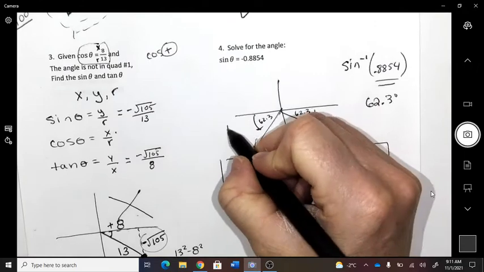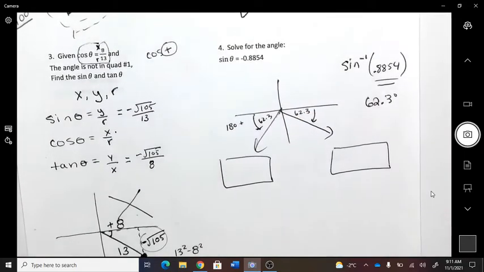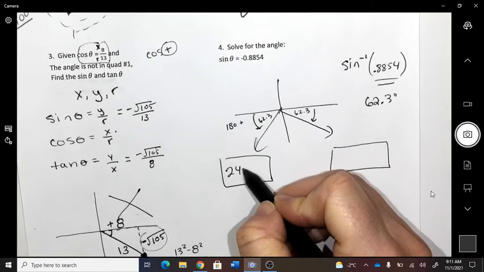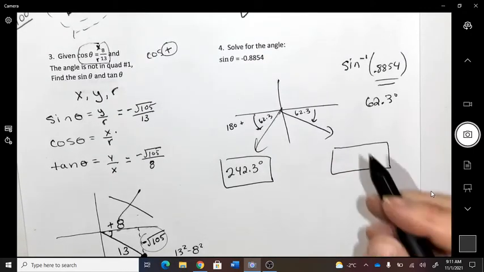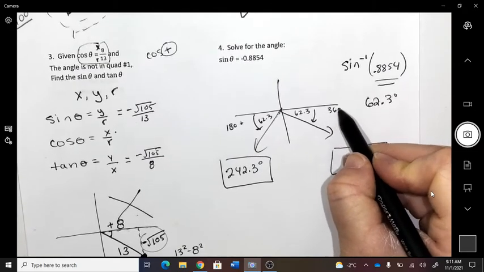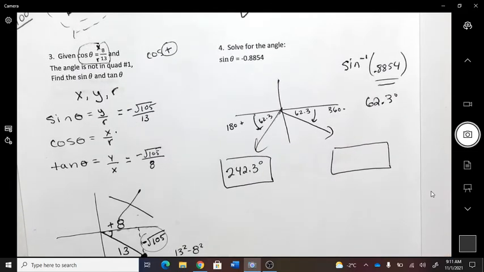On this one, I'm going to be doing 180 plus it because it's bigger than 180. And on this one, I'm going to be doing 360 minus that amount.